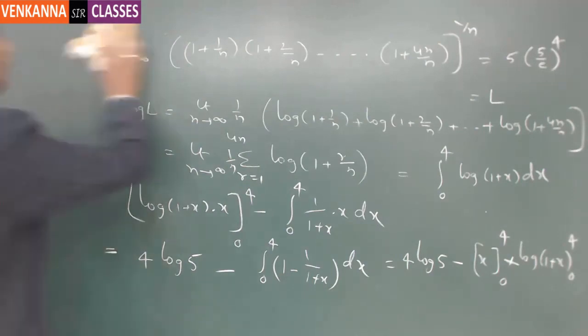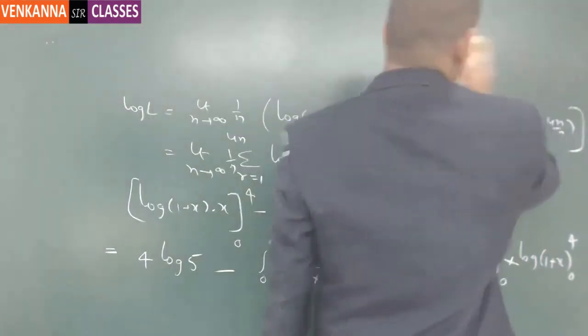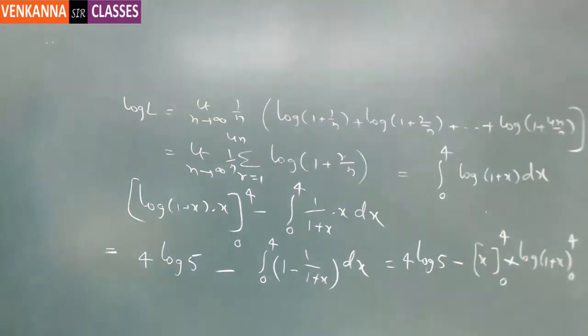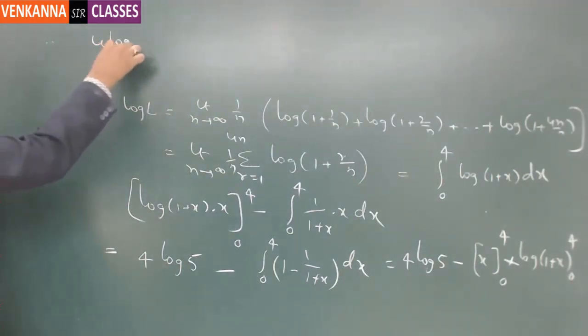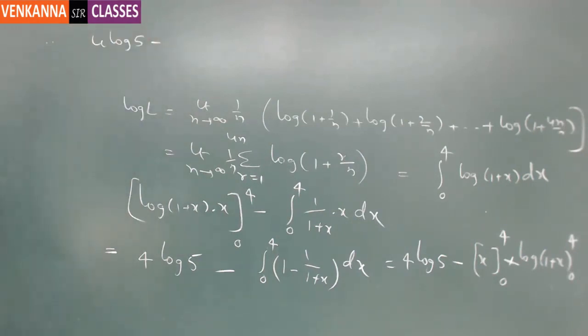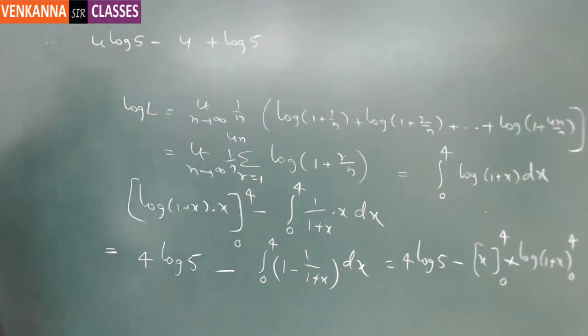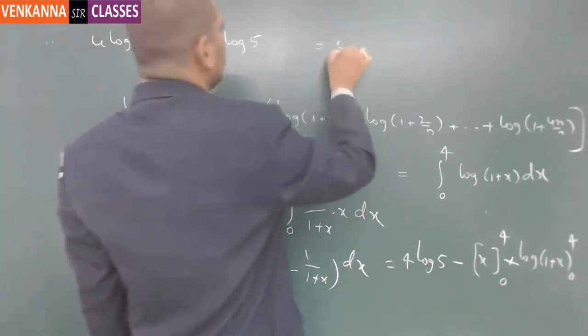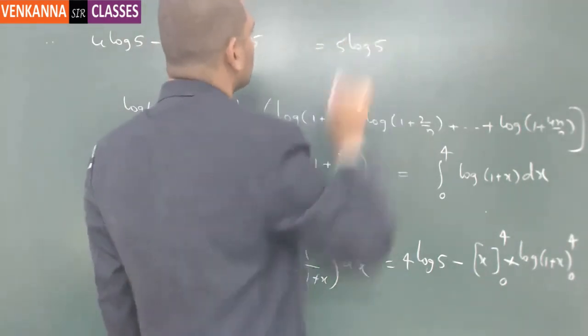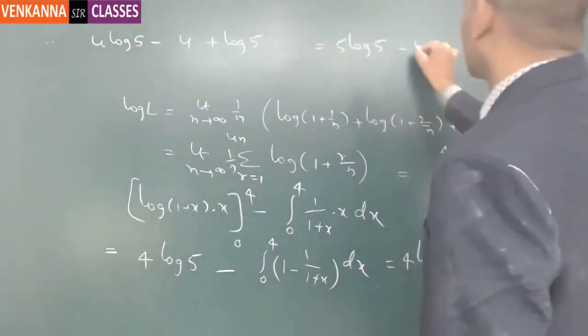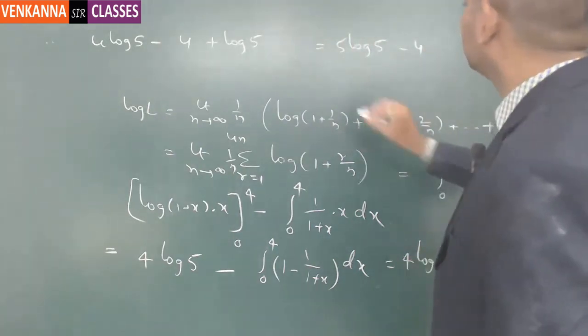So simplifying the terms there, you will get it as 4 log 5 minus 4 plus log 5. So this is equivalent to 5 log 5 minus 4.